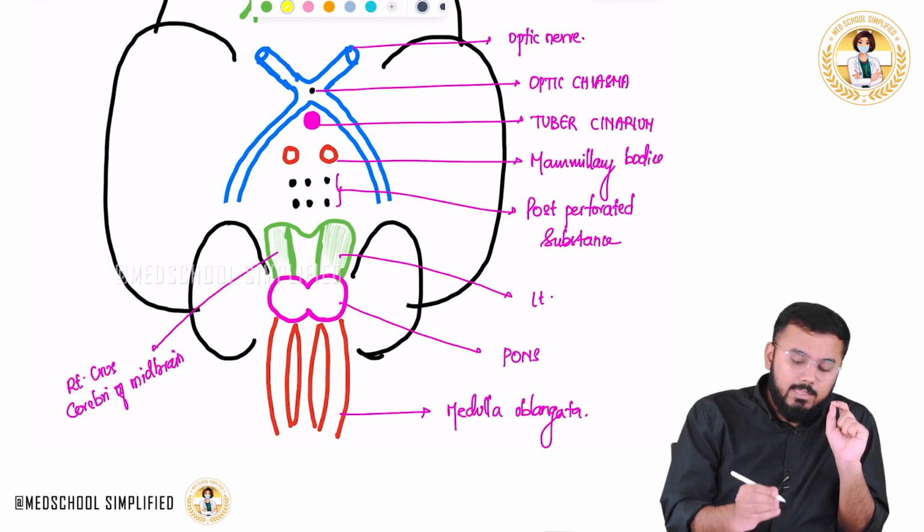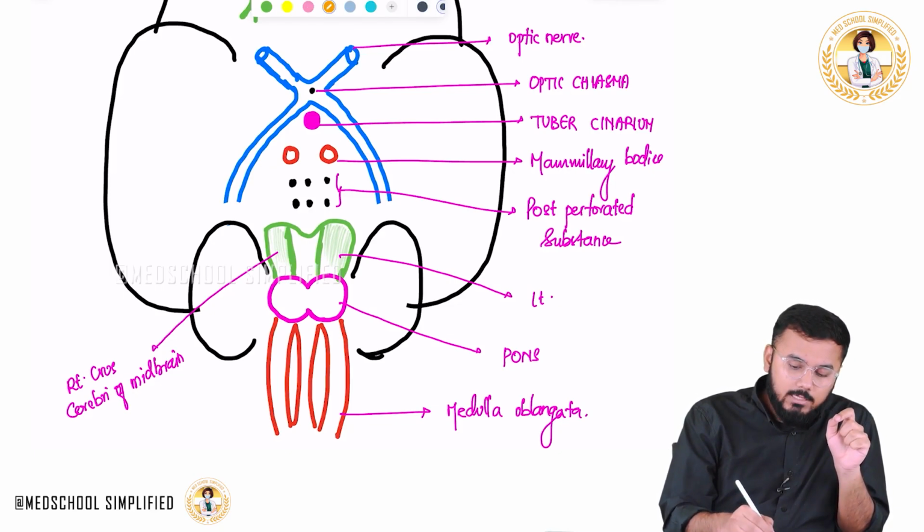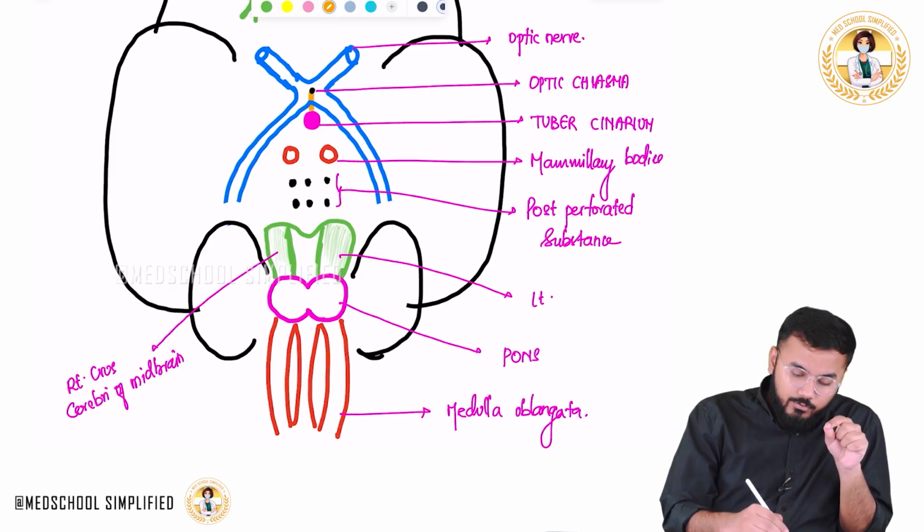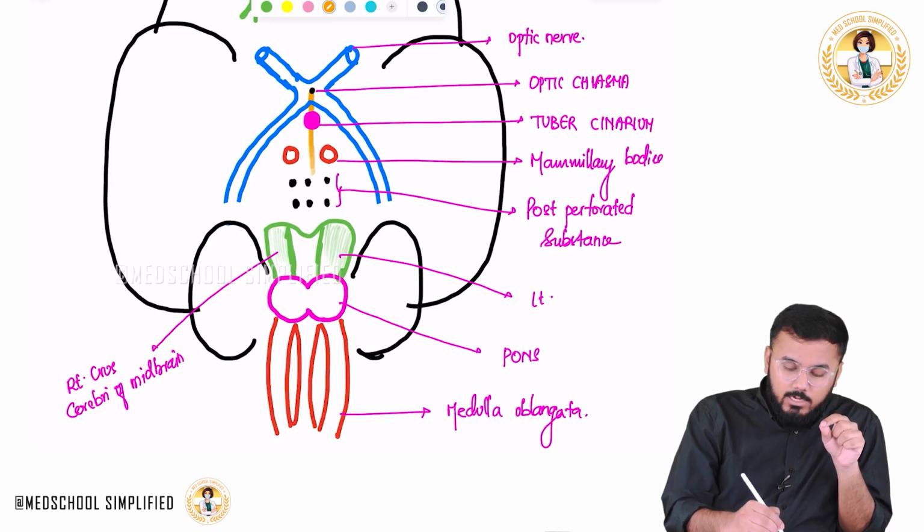Right. Now, from where does the interpeduncular fossa start and where does it end? So just look at the line which I am drawing here. The interpeduncular fossa starts all the way from the midpoint of the optic chiasm. From there it proceeds vertically downwards.